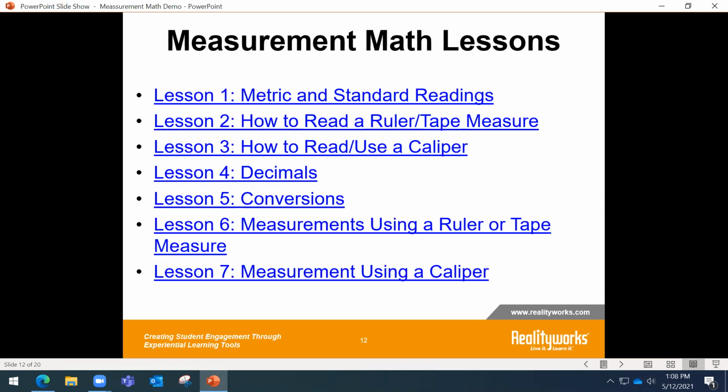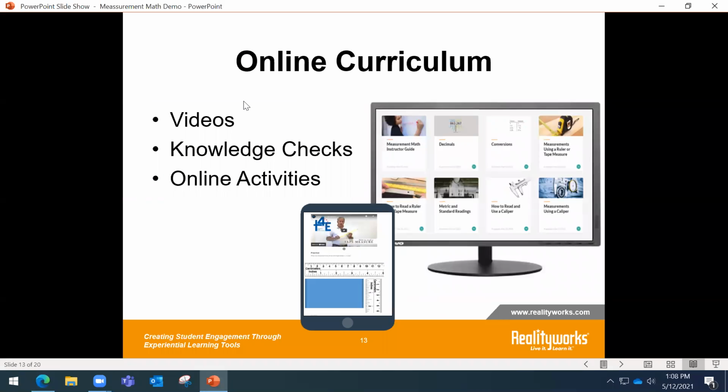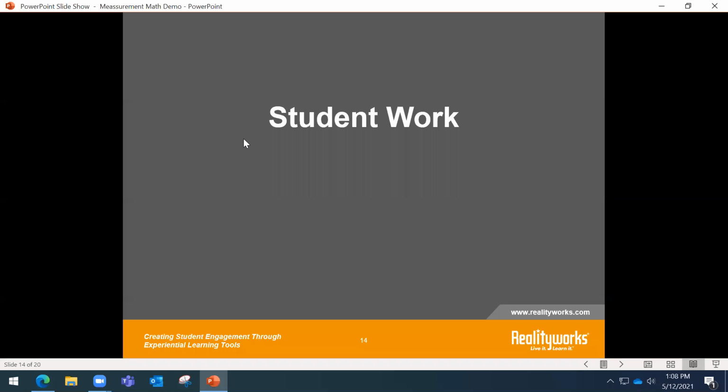Every single one of them has in-class curriculum, but it also has this online curriculum helping students to learn. That then gives you, again, videos, knowledge checks, and online activities for your students to work with, both on a tablet or on a computer, allowing that versatility with both of those.